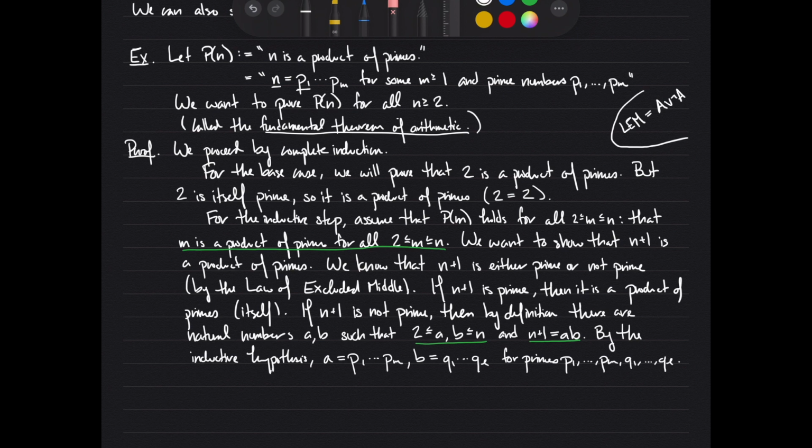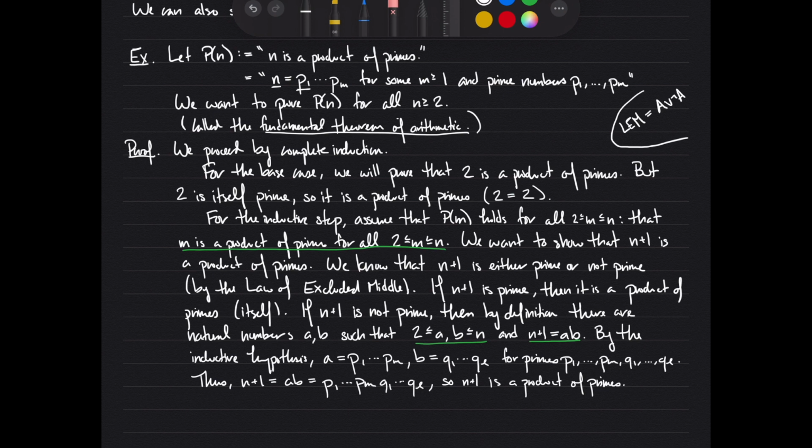Okay, so we know by the inductive hypothesis that a is a product of primes and b is a product of primes. Thus, n plus 1 equals ab, which is, of course, the product of all of these primes. Okay, so now we see that n plus 1 is itself a product of primes.